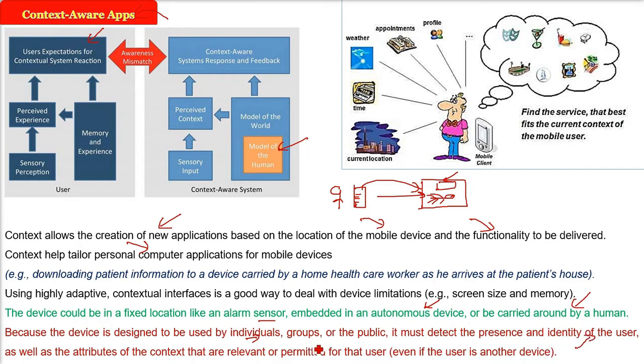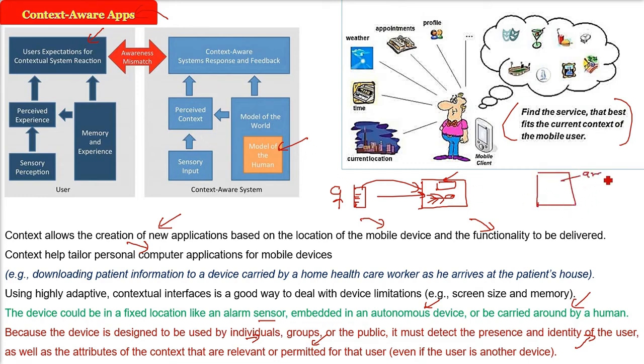Right? So this is a context aware app. Again I am telling, find the service that best fits the context of the current user of the mobile. Right? So he may be doing whatever, the app should facilitate it, should help it.